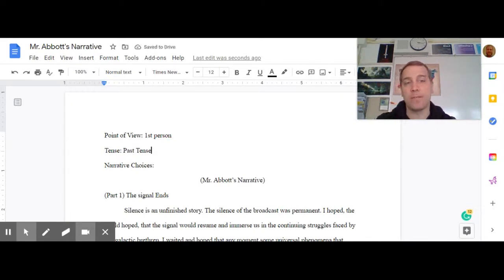Some of you might have mixed tenses, and that's something that you want to identify. But I will definitely be able to tell if you're not writing in the correct tense if you put it up at the top. And then finally, let me know about those narrative choices, right? What narrative choices have you made here?